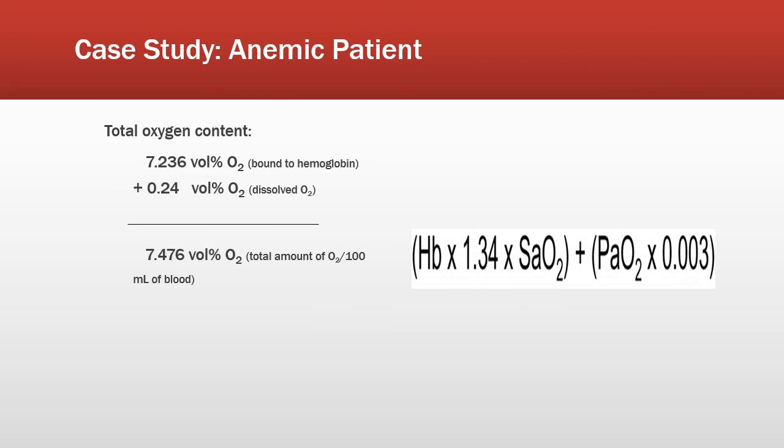Total oxygen content is equal to 7.236 vols percent, that bound to hemoglobin, plus 0.24 vols percent dissolved oxygen, equal to 7.476 vols percent, or the total amount of oxygen in 100 milliliters of blood, using the formula pictured here.